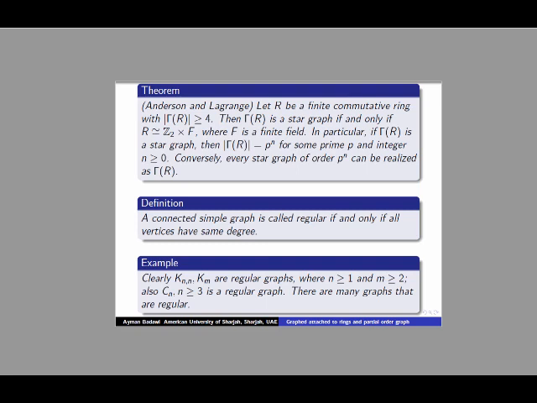Why? Because definitely the number of the zero divisors will not be prime to the n. Remember, I selected my ring to have 15 elements.